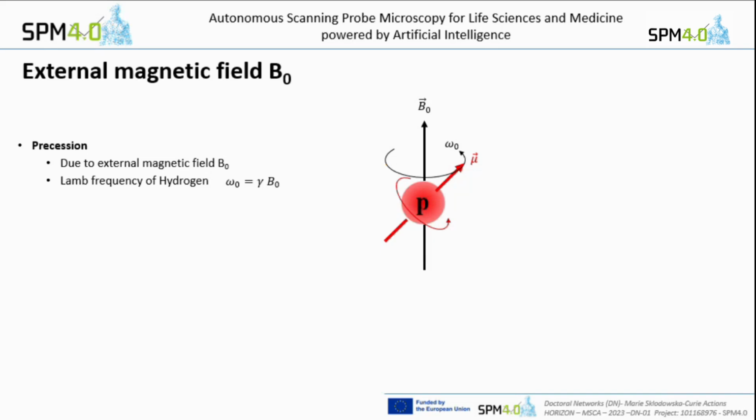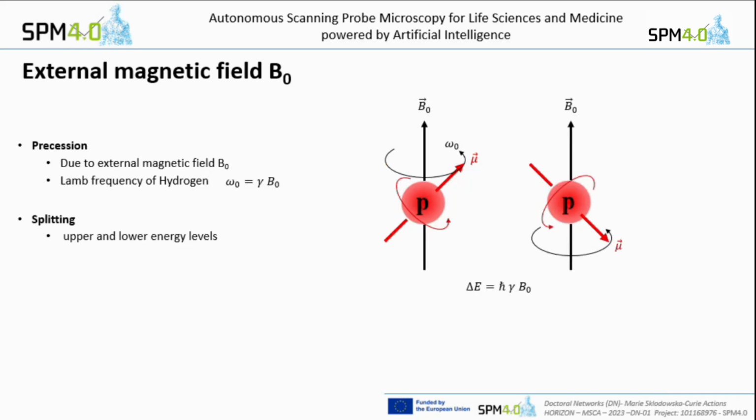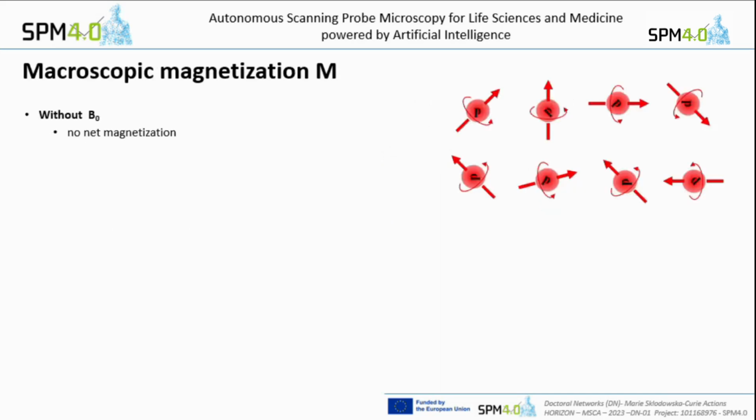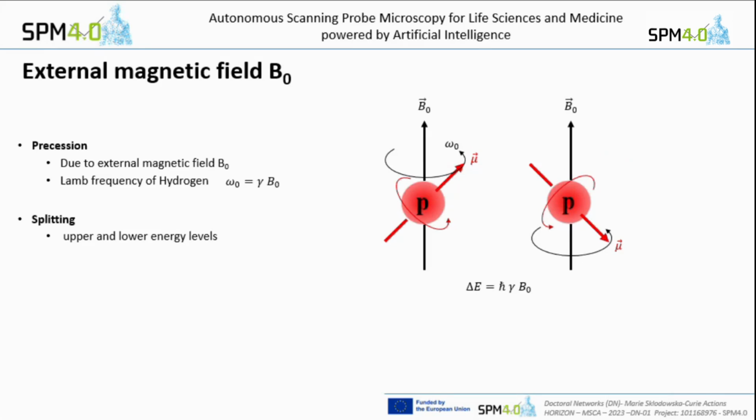We see this parallel orientation, but we also observe anti-parallel behavior, with two energy levels, the upper and lower, with a specific energy gap. They are not always in equal balance, so the number of up and down is not exactly the same. They follow a Boltzmann distribution, and so we have a small difference.